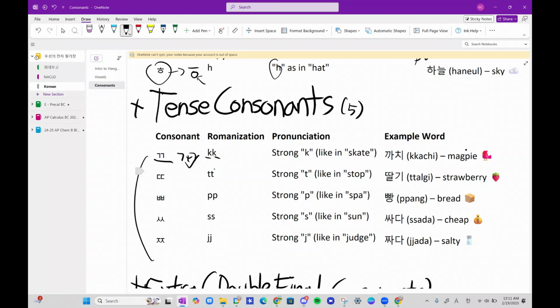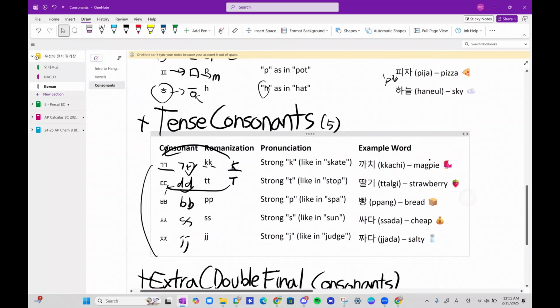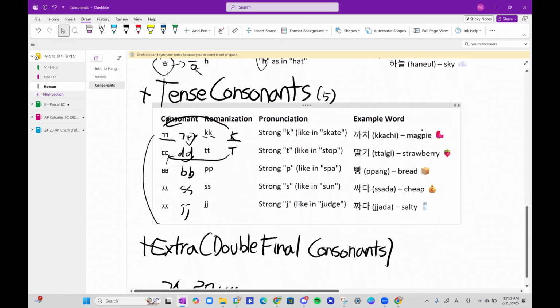If you combine them, it's kk. The Russian K has a really similar sound to this. And also, if you have one D and you have a double D, that's tt. And also the Russian T has a similar sound to this. And this one also is just the same for PB, SS, JJ. So yeah, people use it that way.